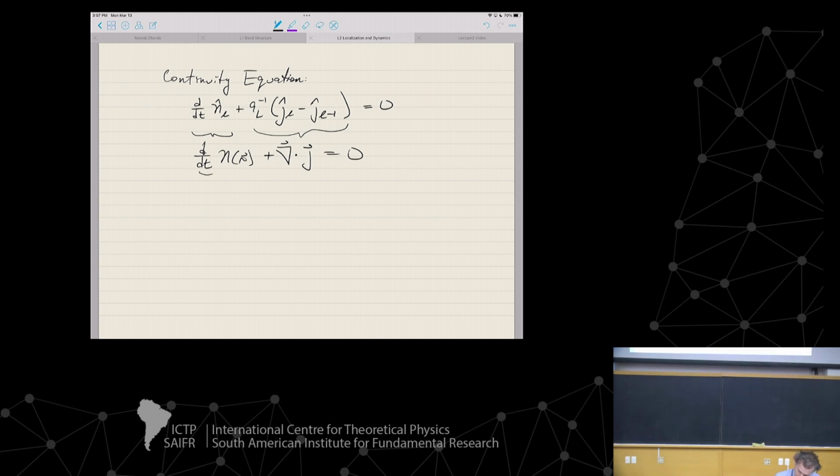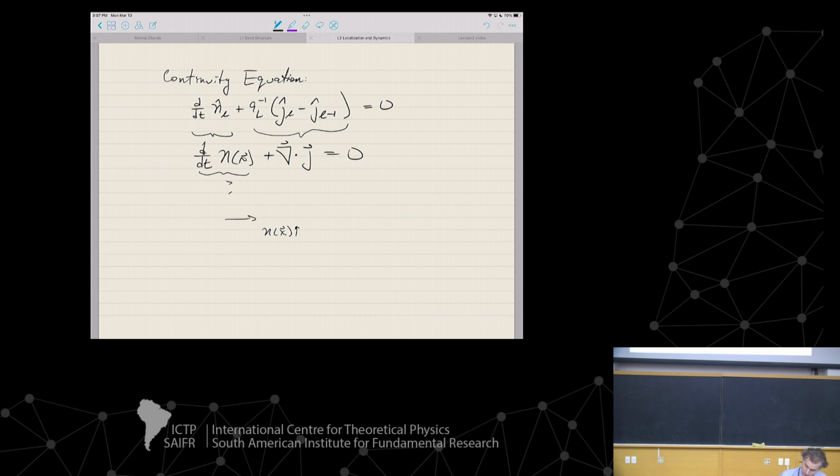If you want to have a local density that changes, then there needs to be an imbalance in current. So if I have a whole bunch of current moving to the left uniformly, then that means that the local density at some position is constant. But if I have a current which is imbalanced, then the local density can go up, right?